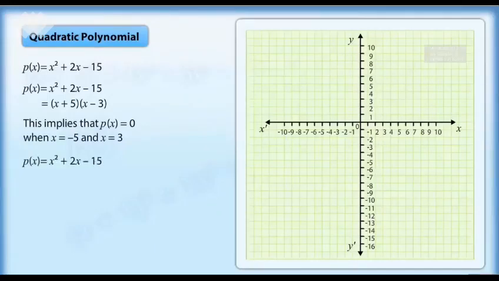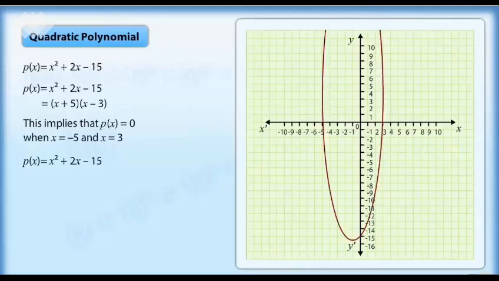Let us see the graph of P(x) = x² + 2x - 15. What are the x-intercepts of the graph? You can see that y = 0 at 2 points, (-5, 0) and (3, 0). Therefore, the x-intercepts are (-5, 0) and (3, 0).